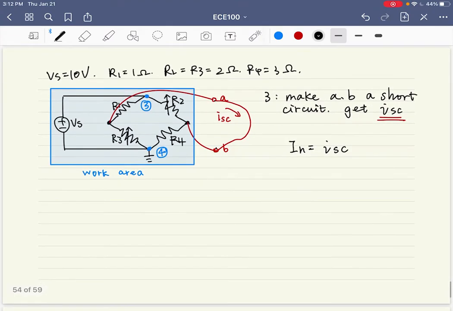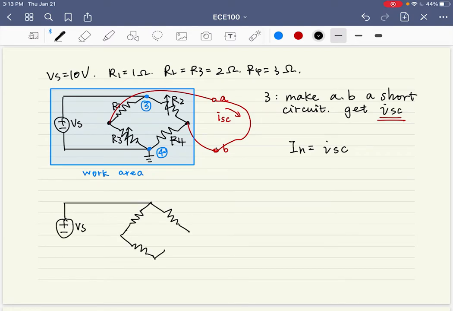Next, let's come to the calculation of the short circuit current, the ISC. By shorting A and B, we can draw a circuit like this, right? To simplify it, let me draw it in this way. This is I1, this is I3, this is ISC, this will be I2, and this will be I4, right?